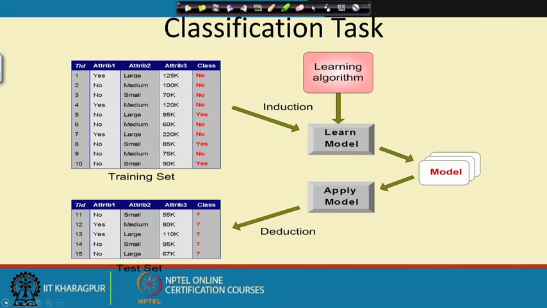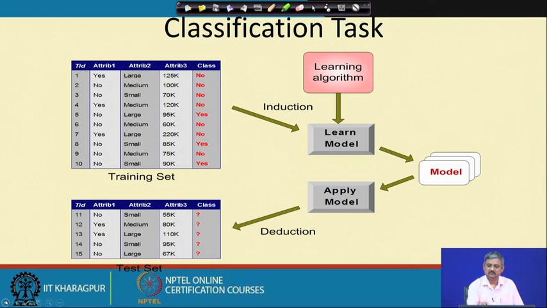When the kid sees a new car or bus or human or cow, the kid can classify it. So, this is the classification problem. If I draw it pictorially, there are 2 steps in classification. One is that from the training set you learn a model, and then you apply the model on a new problem.